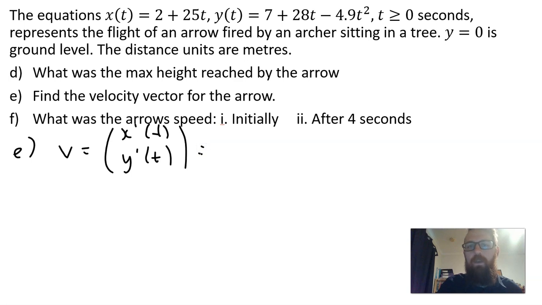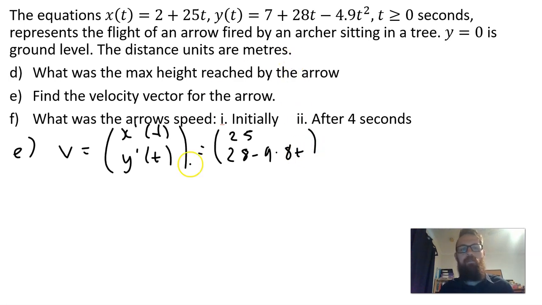So we take the first one, 2 goes away, 25t becomes 25. And the second one, 7 goes away, 28t becomes 28, and negative 4.9t squared becomes negative 9.8t. All right, and that's it for part E.